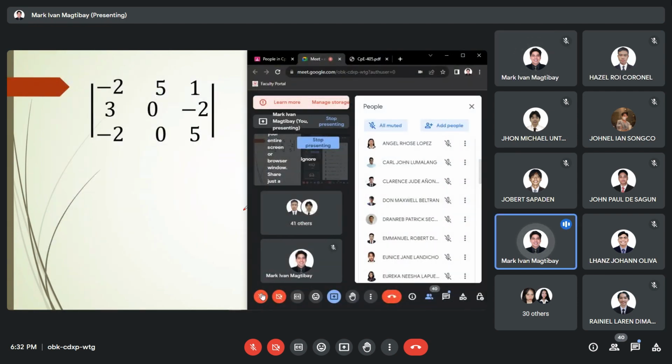So if may answer na po kayo, ilagay na lang po sa Google messages natin kung ano po yung nakuha ninyo, yung determinant po. Okay? Maaari po yan kung yung first method natin or your second method po natin. Okay? Basta makukuha po natin yung value ng determinant. Or kung gusto nyo ng challenge, gawin nyo pareho. Para makita ninyo kung tama po yung inyong nakuhang value. Okay? Sige po, sagot lang po tayo.